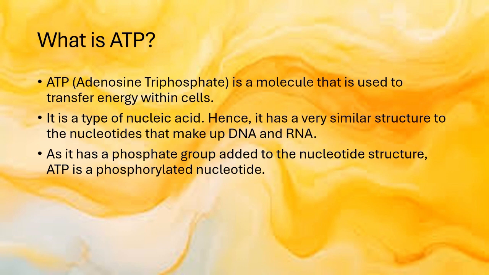And as it has a phosphate group attached, as shown by the P in ATP, a phosphate group is added to the nucleotide structure, and that is what makes ATP a phosphorylated nucleotide, which basically means a nucleotide with phosphate added to it.